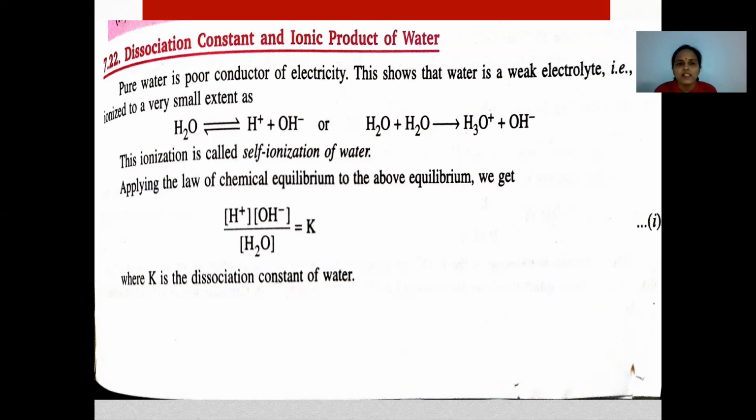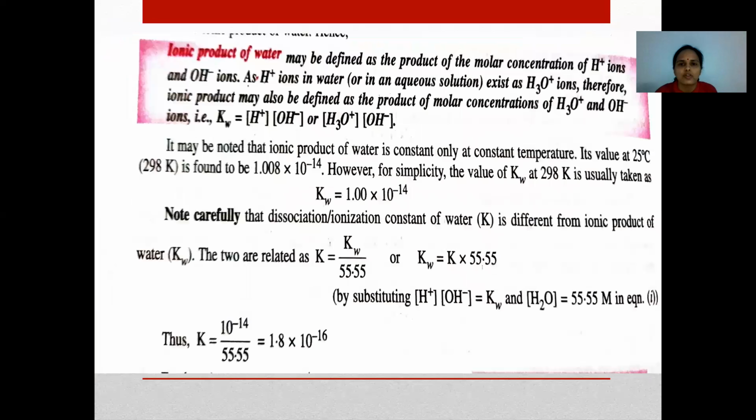So when you apply the law of chemical equilibrium to this, we get K equals molar concentration of H plus into molar concentration of OH minus upon molar concentration of H2O, where K is the dissociation constant of water. Now, ionic product of water may be defined as the product of the molar concentration of H plus ions and OH minus ions, as H plus ions in water exist as H3O plus ions.